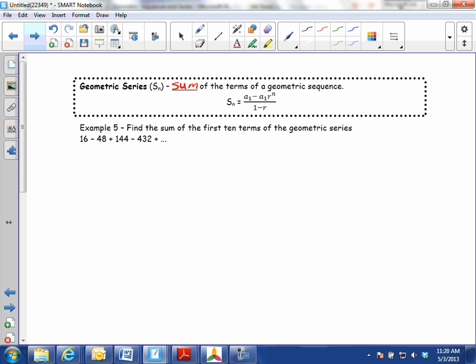All right, so for this one, we're asked to find the sum of the first 10 terms of this series. So I know that n is going to be 10 in this case, because they're asking to find the first 10. We're going to have to figure out what r is before we can plug it into our formula. How are we going to figure out what r is?